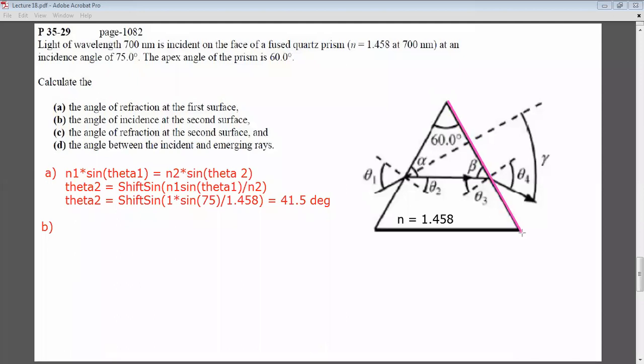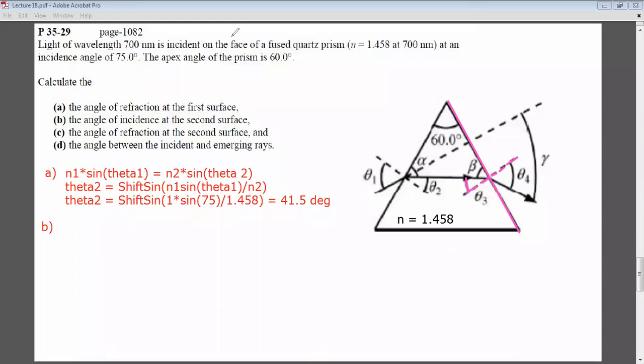This is the normal to the second surface, and we want to calculate this angle, the angle the light ray makes with the normal. So we want to calculate this theta 3.